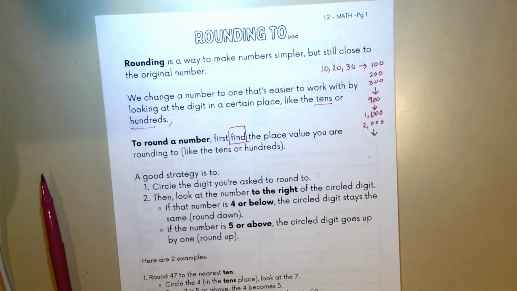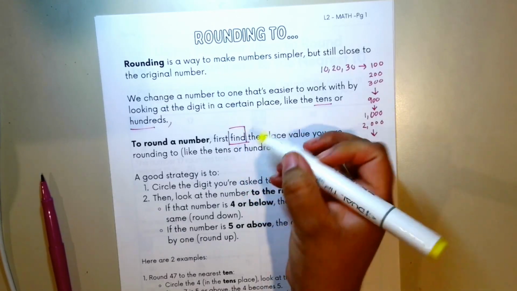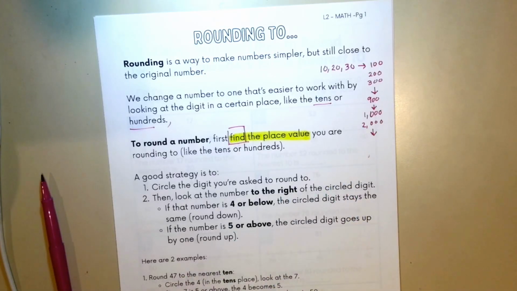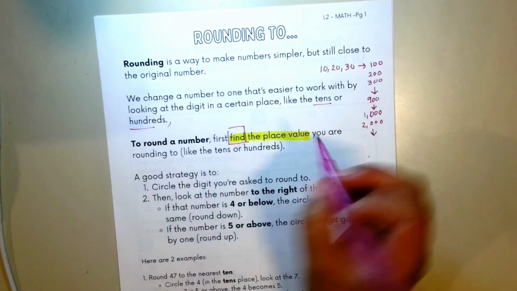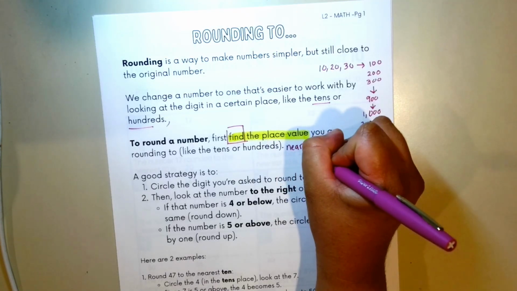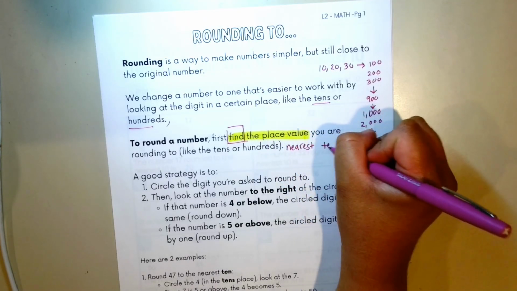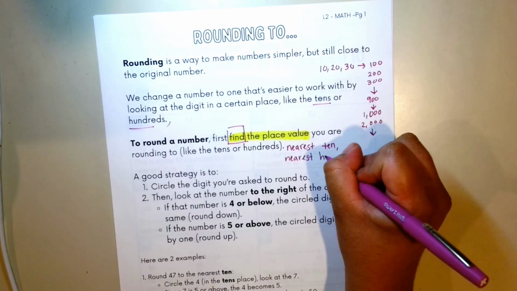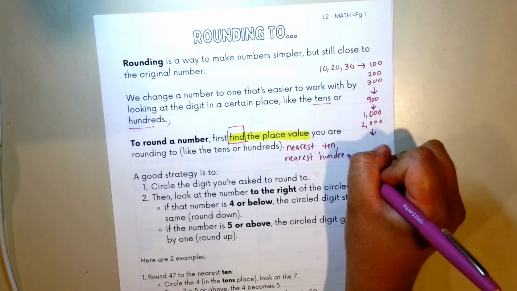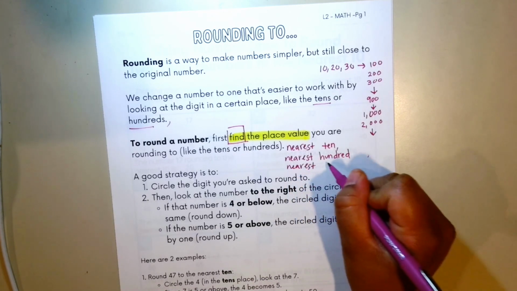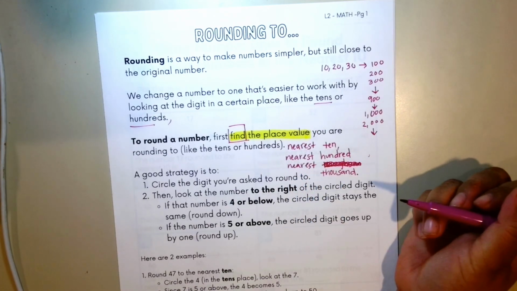We are going to be looking at whatever number we're given, and we're going to find the place value that you're rounding to. So usually they're going to tell you round to the nearest 10, or round to the nearest 100, or round to the nearest 1,000, right? Okay.